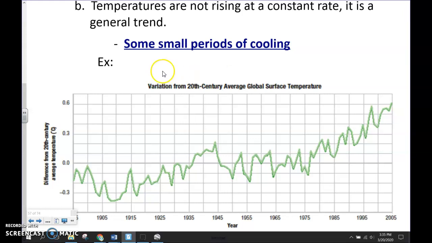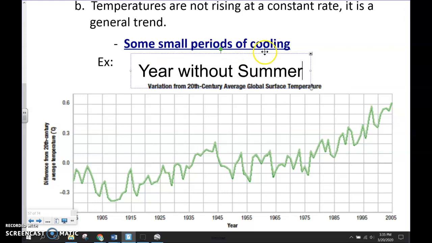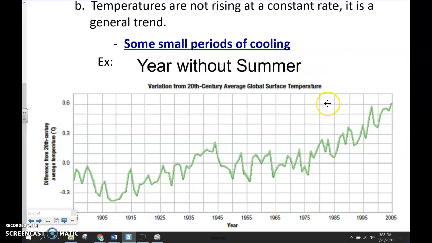So an example of periods of heating and cooling, first of all, the year without a summer, right? Those volcanic events we know can have some changes. We know that solar activity can cause changes. El Niños can cause some differences happening. So we're looking at what's happening in general on these trends.